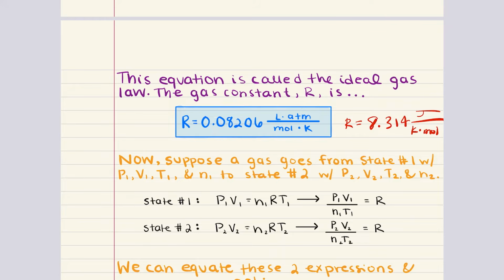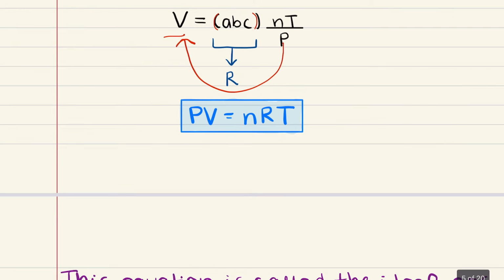Now, I want to talk about these conclusions a little bit more. The ideal gas law, let's look at this, PV equals nRT. This is an equation of state for a gas, where the state of the gas is its condition at a given time. Now, if we know any three variables, we can determine the fourth using this equation.